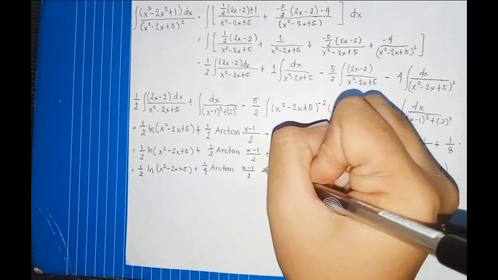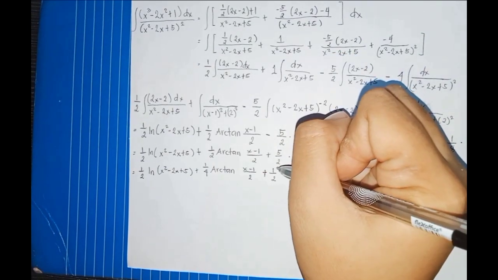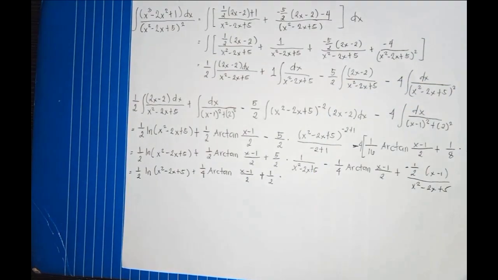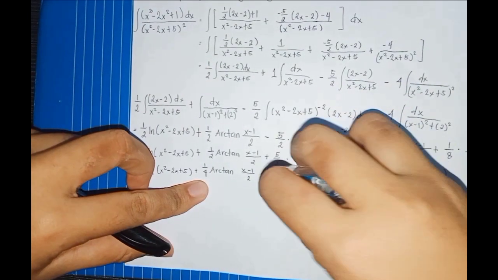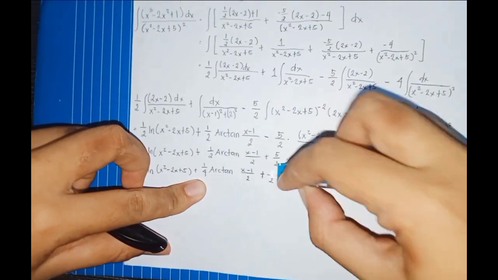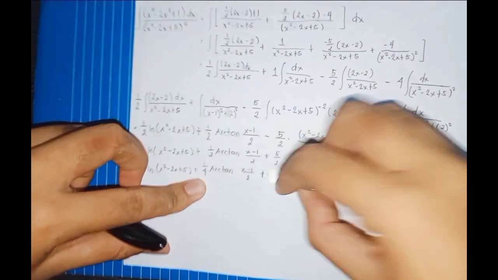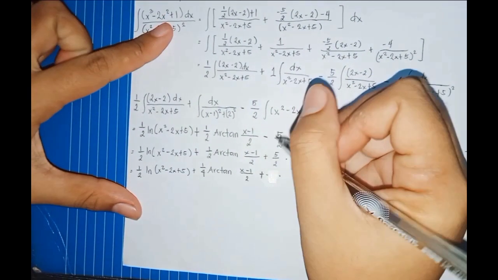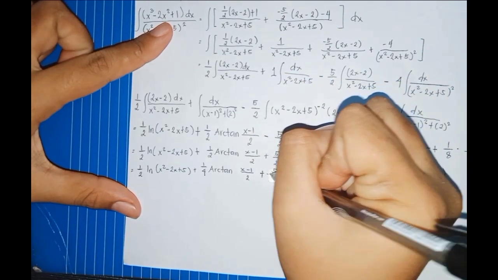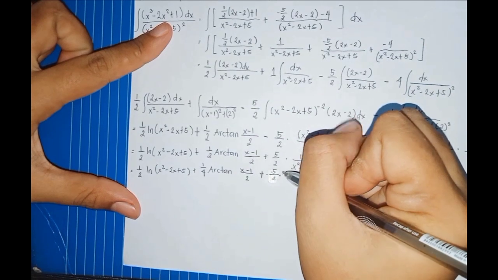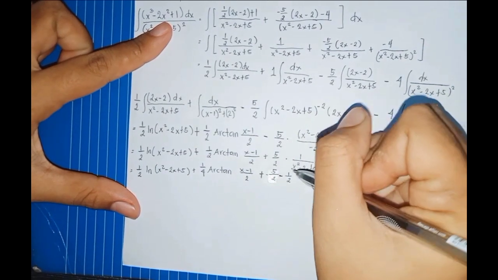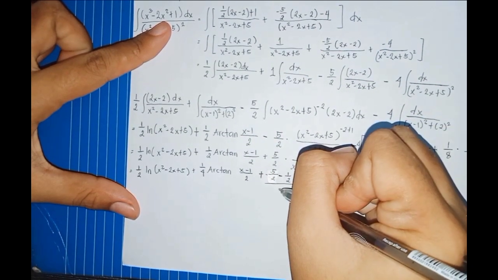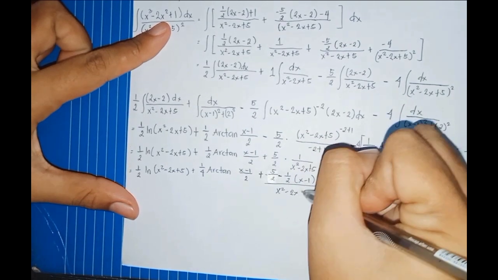This will be plus, I'm sorry, this will be wrong. So this will be 5/2 minus 1/2 times x plus 1 all over x squared minus 2x plus 5.